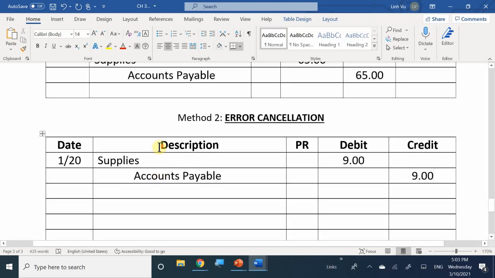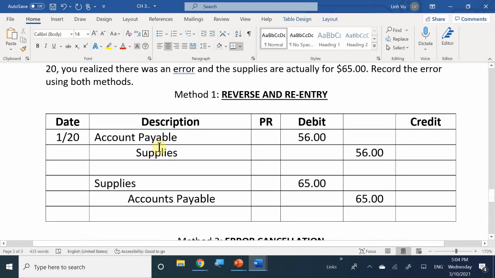I think I have a question. Yes. Can you scroll up to the reverse and re-entry? Mm-hmm. Okay. Do you need the scenario too? Oh. It's because my reverse and re-entry is missing that middle column, so you were really throwing me off.